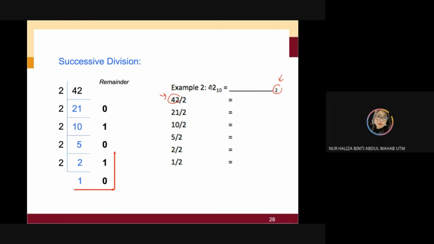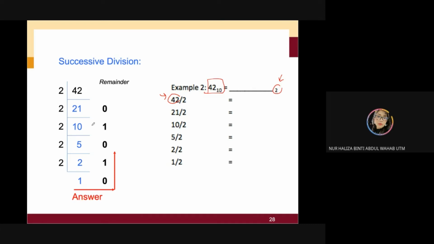Of course, you can directly check your answer using your calculator, but that one is to check only. Please do it manually, because you need to learn how to convert using the successive division, not using your calculator.